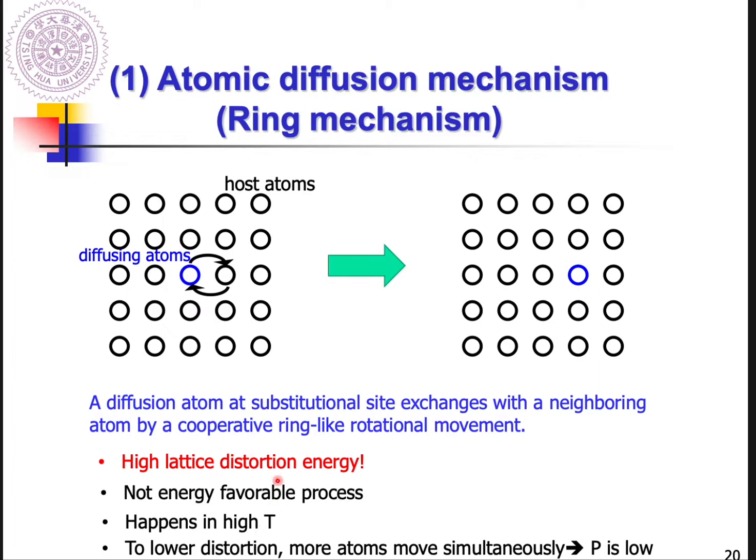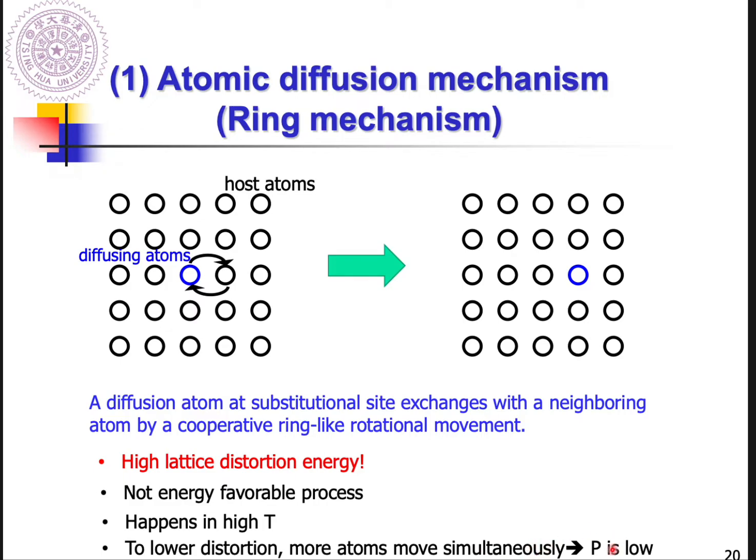Because the energy barrier is high, it can only be observed at high temperature. And in order to lower the lattice distortion, some people probably will observe more atoms moving together, that means more atoms moving simultaneously.